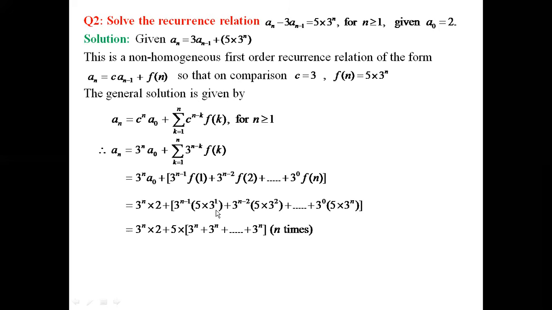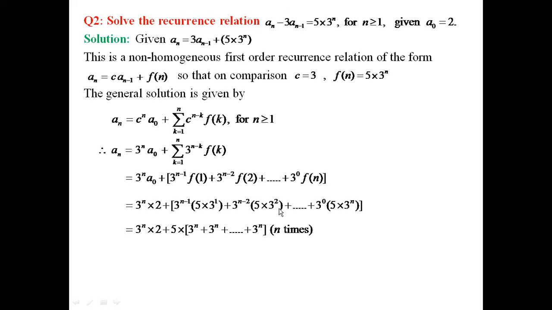Since the base is common, in this product powers can be added. So minus 1 plus 1 cancels, I remain with 3 power n. Similarly, when I look into the second term, 5 is already taken common outside. 3 power n minus 2 into 3 power 2. Base is same again in this product, so powers are added. Minus 2 plus 2 cancels, so we remain with 3 power n again.